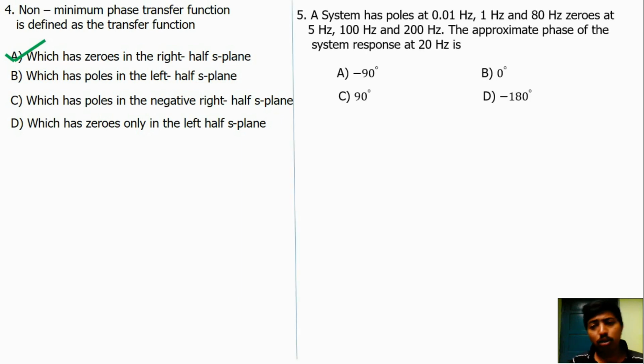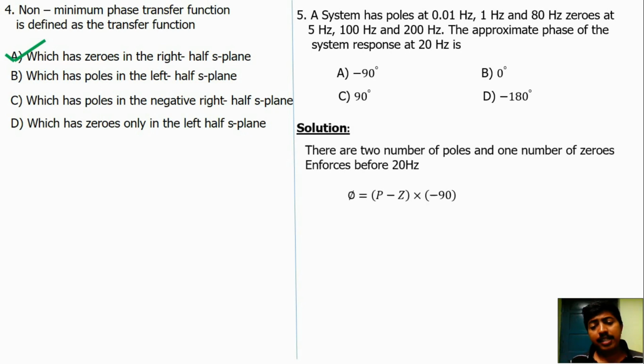Next, the fifth question. Here the system poles and zeros are given. We have to find the phase of the system response at 20 Hz. The formula is (P minus Z) into minus 90. Here P means the number of poles effective before 20 Hz, and Z means the number of zeros effective before 20 Hz.